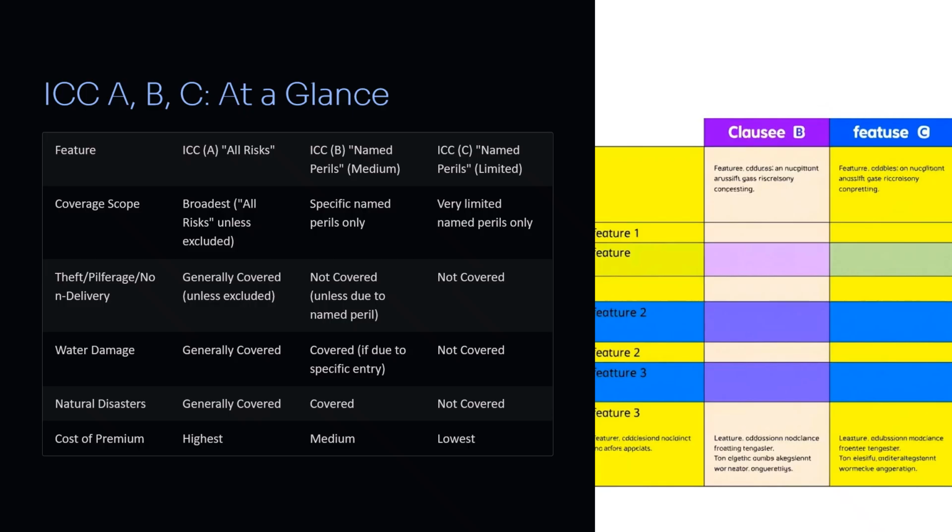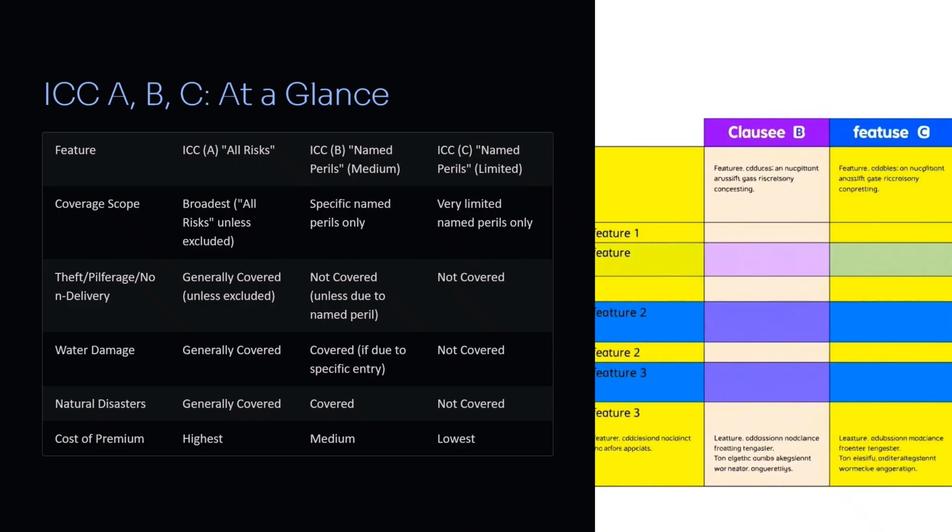So to summarize, here is a quick comparison of ICC A, B and C. Looking at the coverage scope, A is the broadest, covering all risk unless excluded. B covers specific named perils and C covers a very limited set of named perils. For theft, pilferage or non-delivery, A generally covers these. B does not cover them unless they happen because of one of the specific listed perils, and C does not cover them at all.